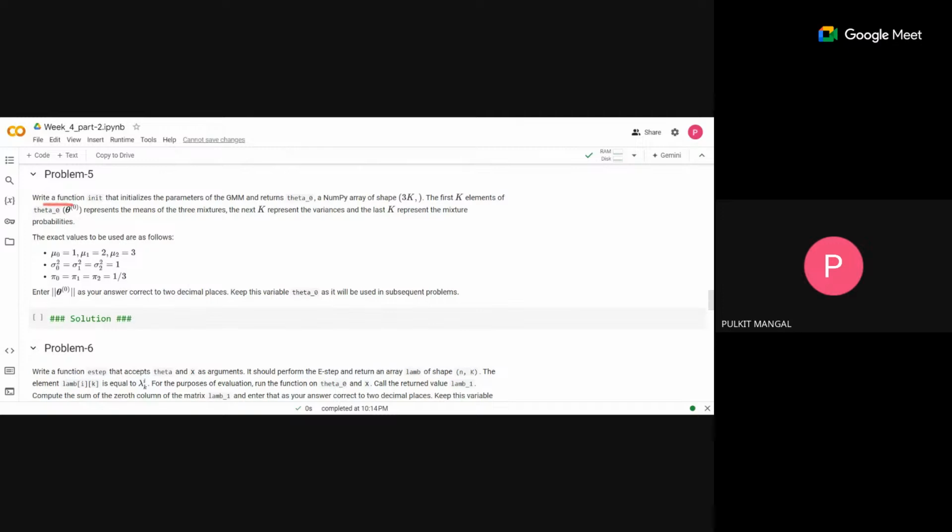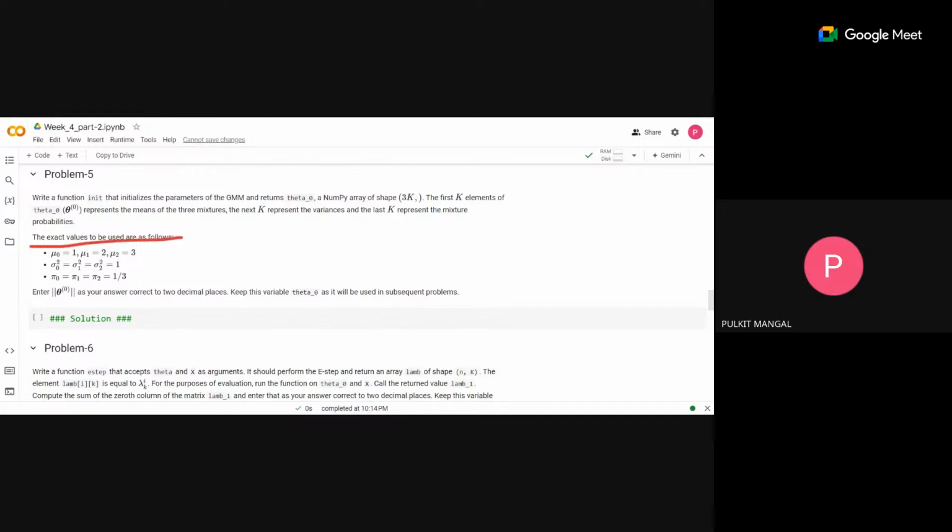Write a function init that initializes the parameters of the GMM and returns theta naught, which is a numpy array of shape 3k, in which the first k elements of theta naught represent the means of the 3 mixtures, that is, the mu k. The next k are the variances, and the last k represent the mixture probabilities.